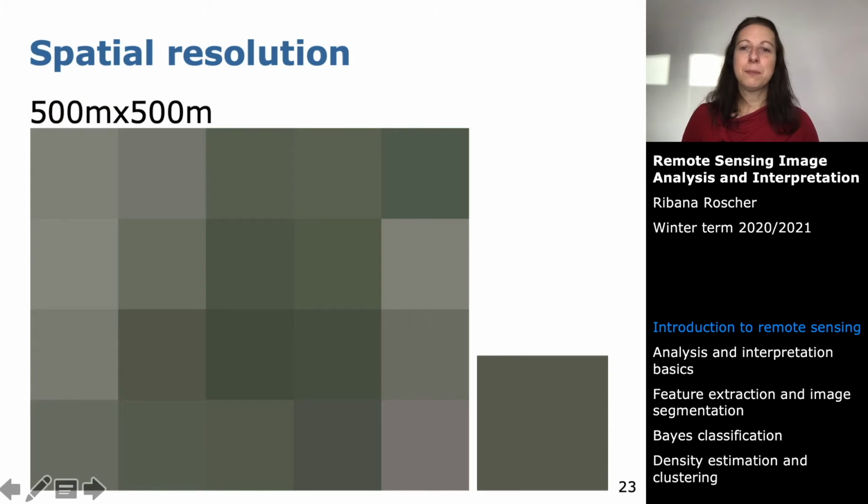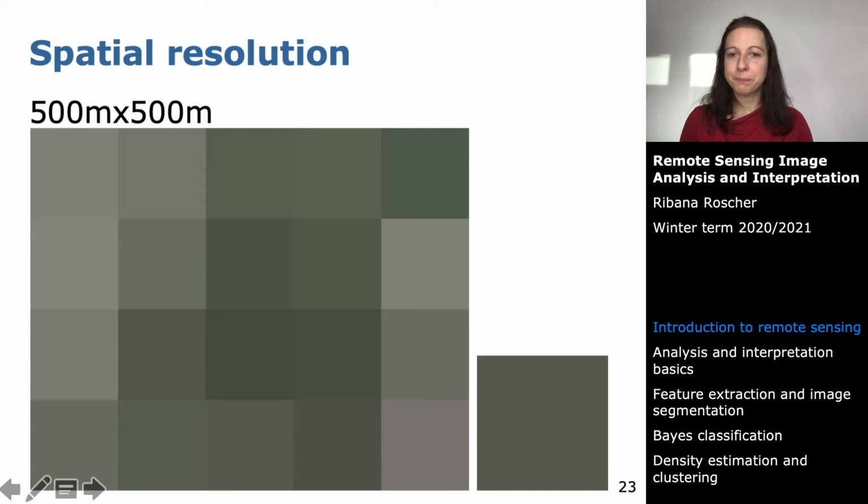Let's start with the spatial resolution. This is an image in which I simulated a spatial resolution of 500 times 500 meters, which is actually a typical resolution for some satellite sensors. On the left side, I show you a larger part of the image, and on the right side, a little more detail.